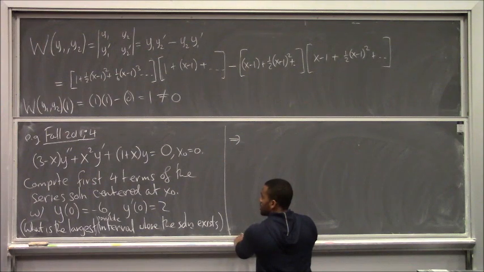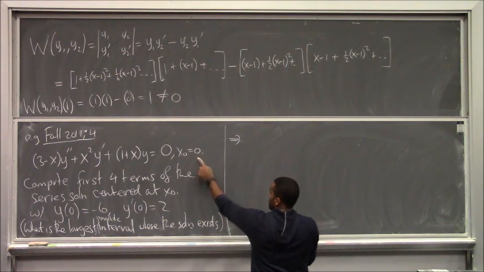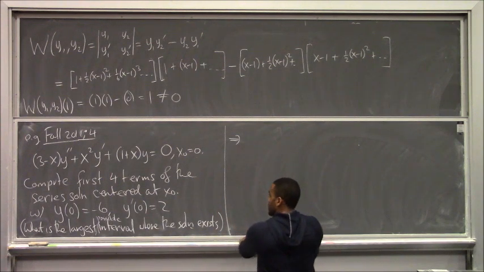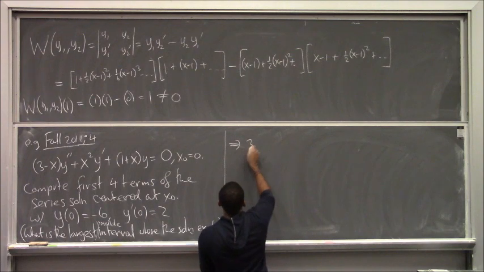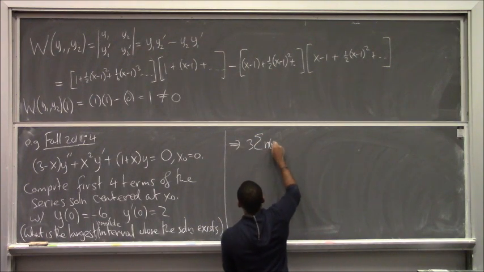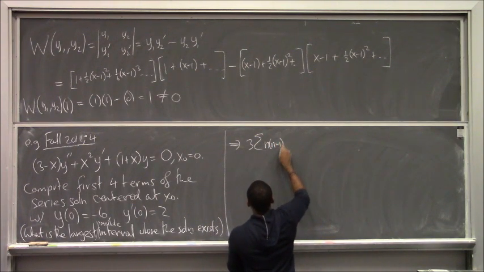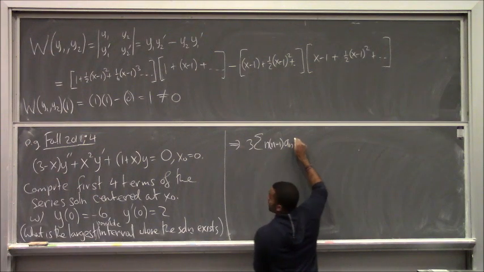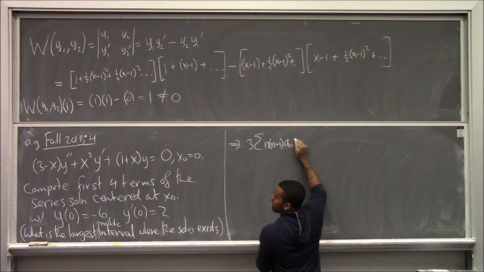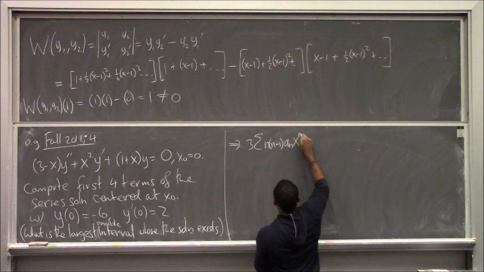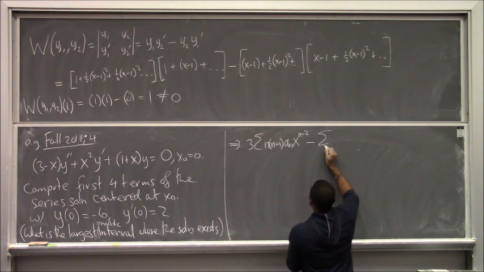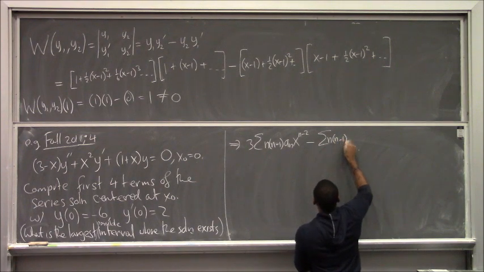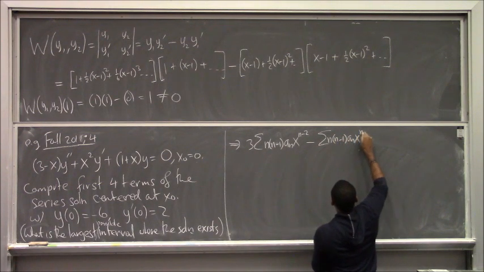Plug in, so our y equals the summation of a n x to the n, right? Because it's x minus 0 to the n. So we are going to get 3 times n minus 1 a n, and the next one, n minus 2, minus n minus 1 a n x to the n minus 1.